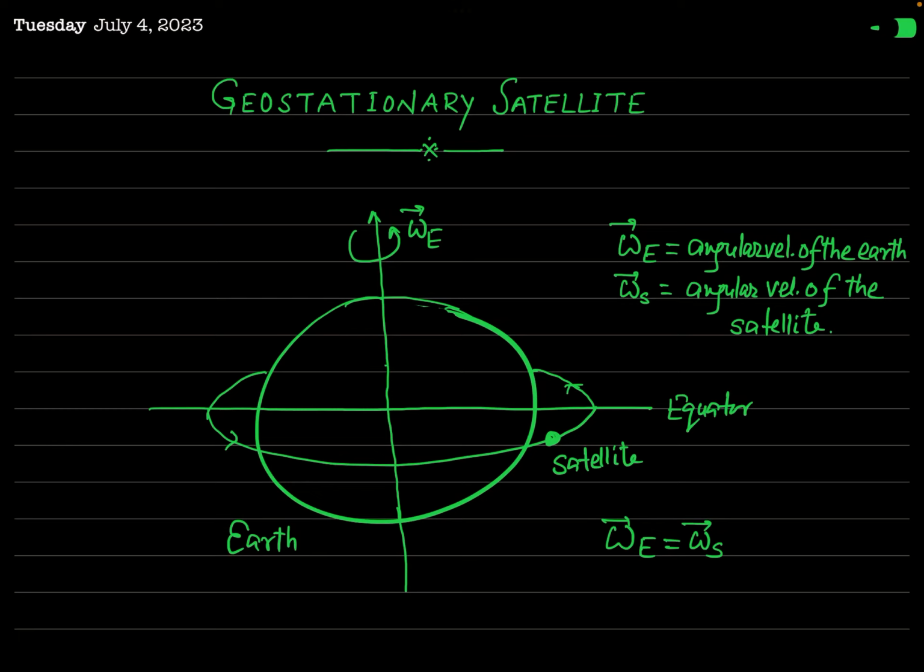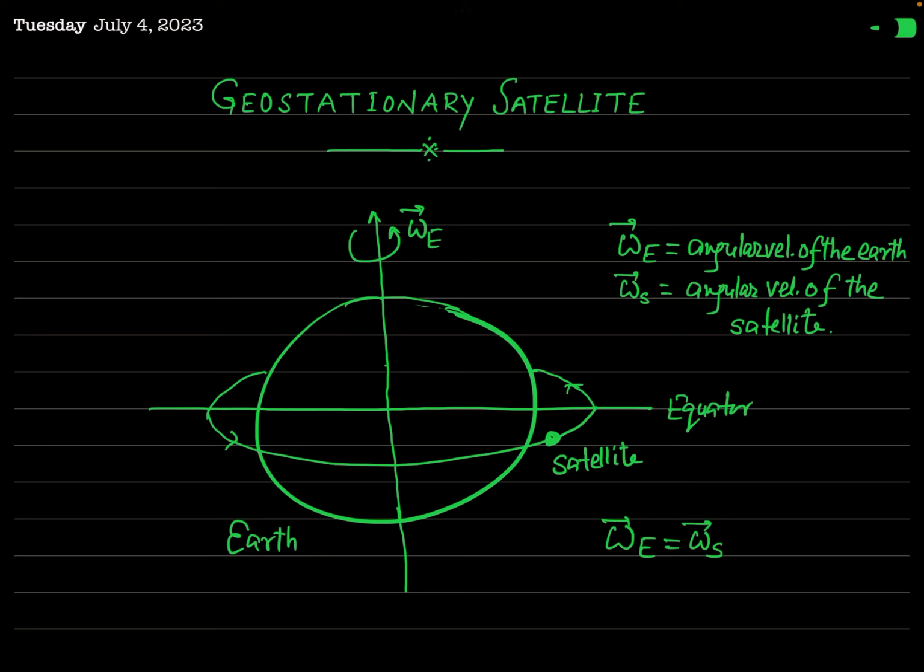So if the time period of revolution of this satellite is equal to 24 hours, then its angular speed will be the same as that of the earth, and this satellite will always appear stationary with respect to an observer standing on the surface of the earth.